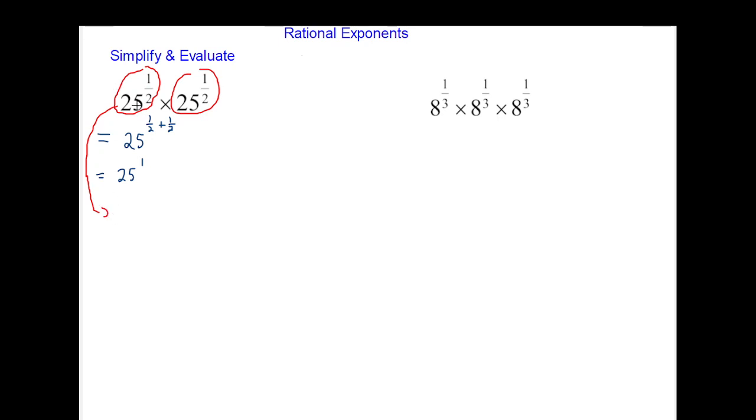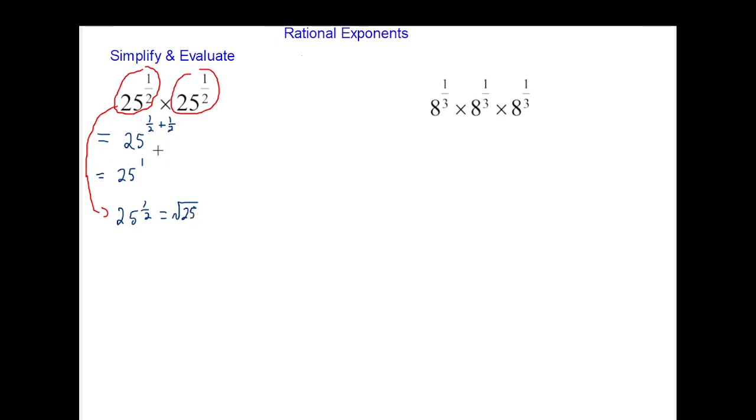And the square root of 25 is 5. 5 times 5 would give us 25. So 25 to the 1/2 had to equal the square root of 25, which just happens to equal 5.